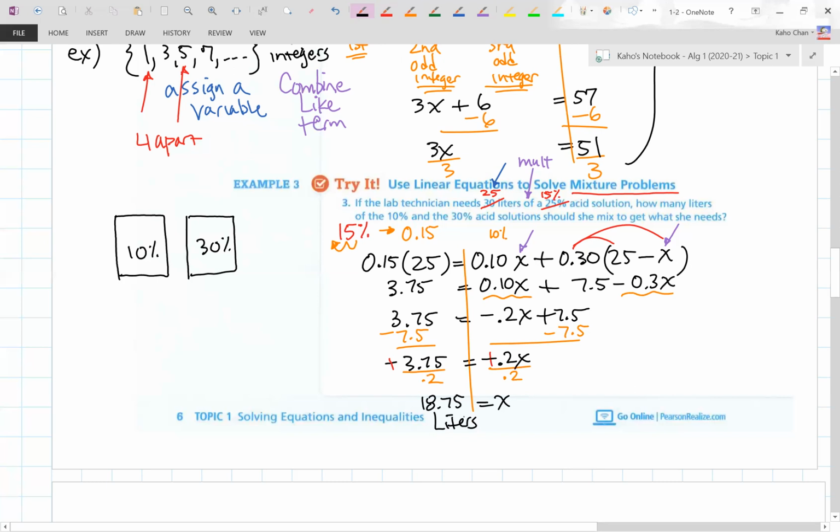Keep in mind, they might want the other answer as well. This 18.75 liters is of the 10% solution or acid. To get the other half, the other answer, you just subtract 18.75 from 25.